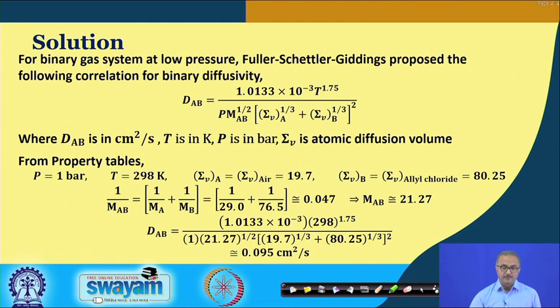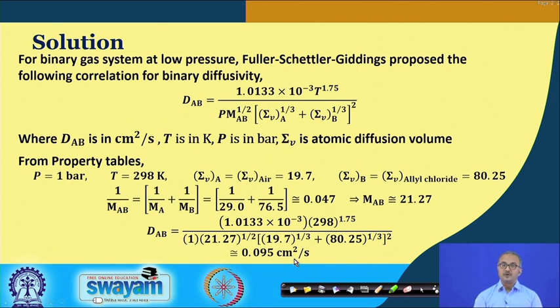So, now again from the property table, we can get the value of this sigma V for air and for allyl chloride, and we find the value of the MAB from this particular formula. Then the job is simple: you put the values in this particular correlation and compute the diffusivity, and this comes out to be 0.095 centimeter square per second.